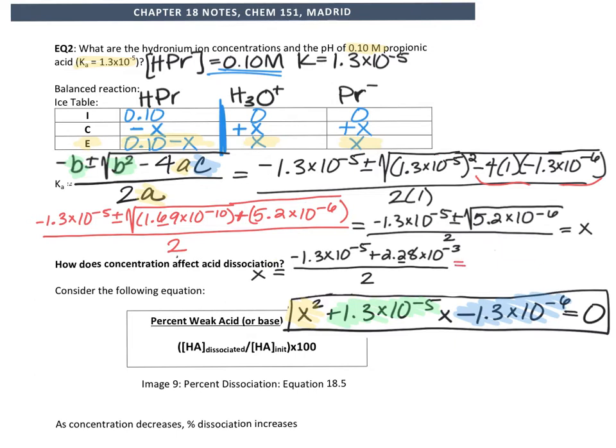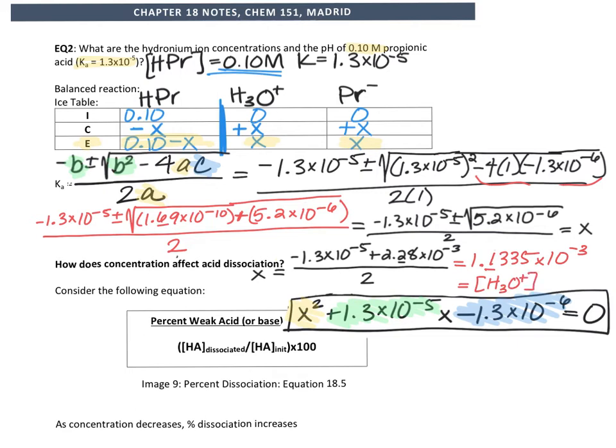All right, so we have this, and this is equal to 1.1335, 2 sig figs, times 10 to the negative 3, which is equal to hydronium concentration.